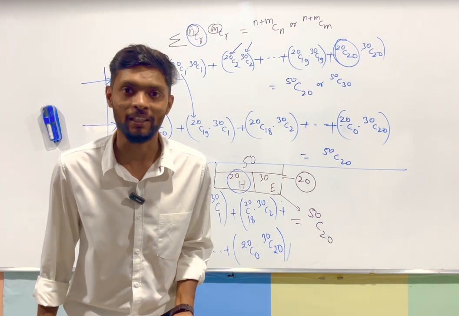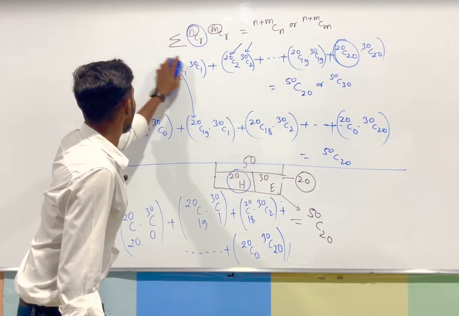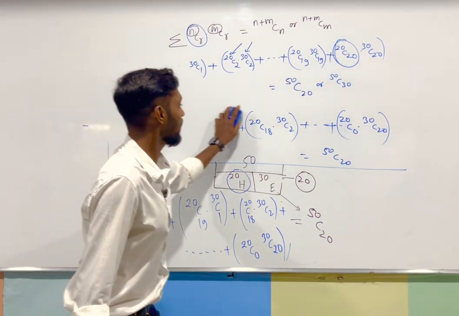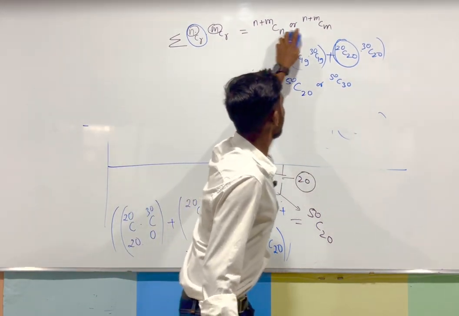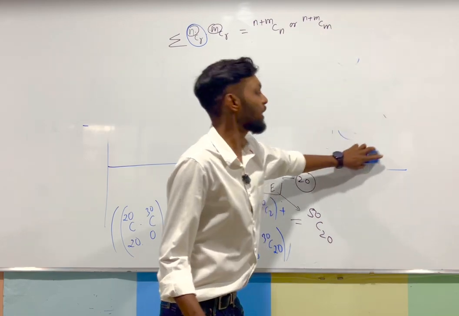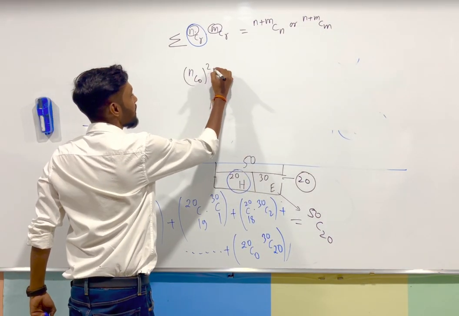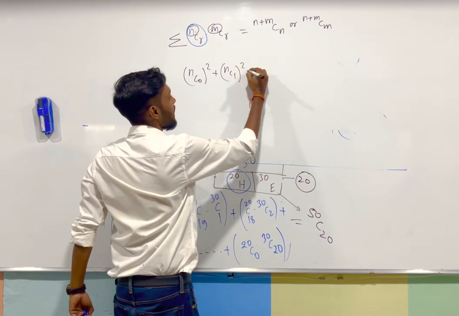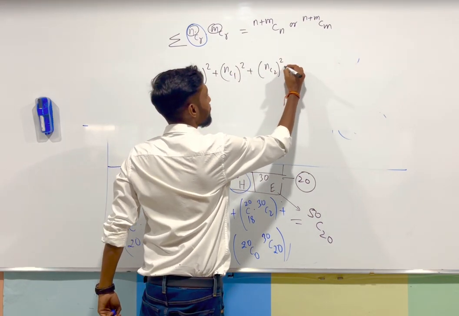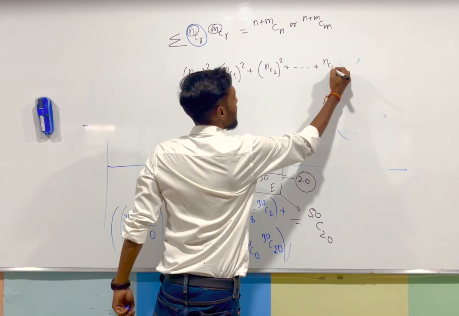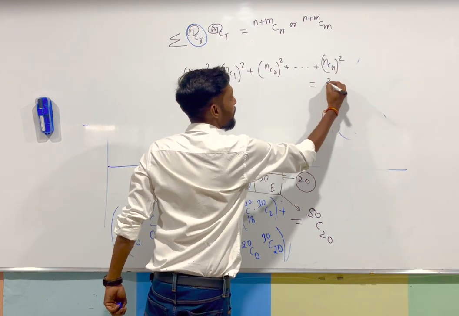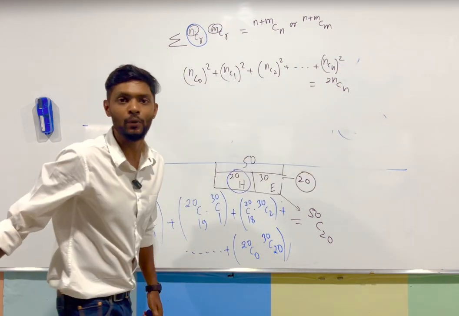It is very simple thing. Okay, and that is why there comes a very important formula: sum of the squares of all binomial coefficients. Like, you could see that NC0 square plus NC1 square plus NC2 square up to NCN square, and you might have memorized this formula as 2NCN.